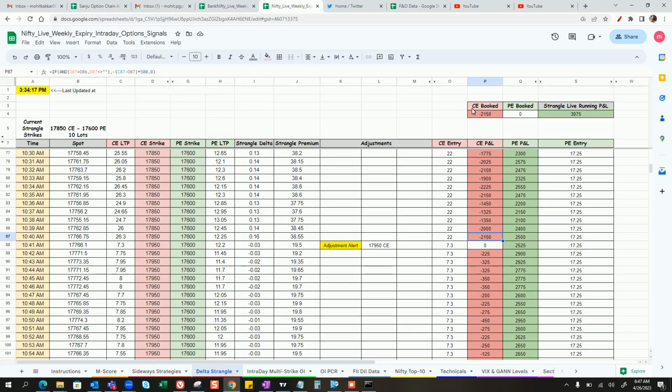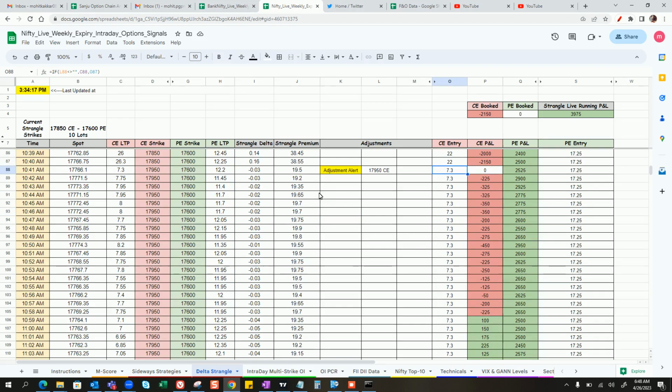That's why you see at the top 2150 is the loss booked in the call, and we have sold another call, same quantity, with the 17,950 strike, trading at, let's say, 7.3 premium. So now our combined is 7.3 plus the ongoing premium for the put, which is 12. So 7 plus 12, 19 something, is the current strangle premium.